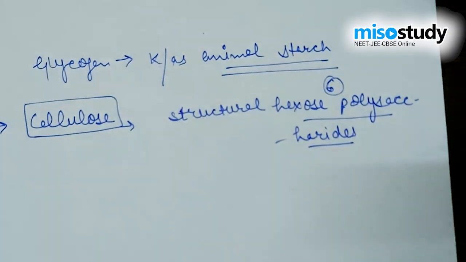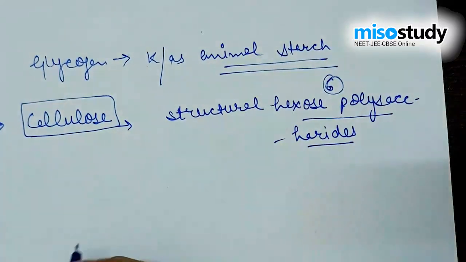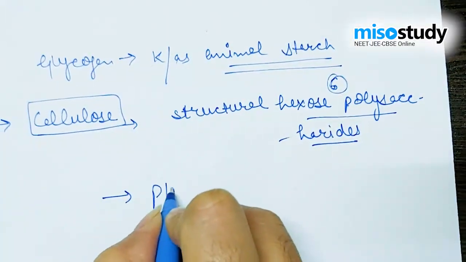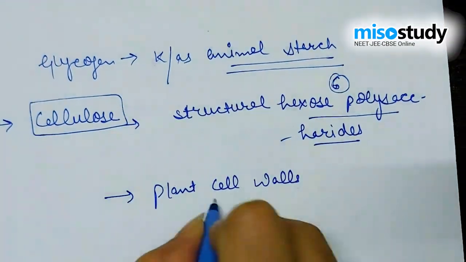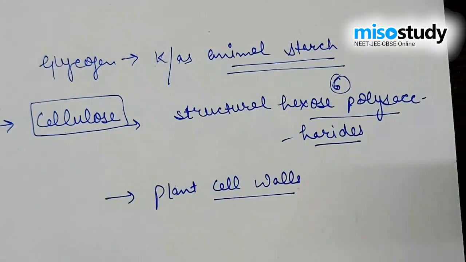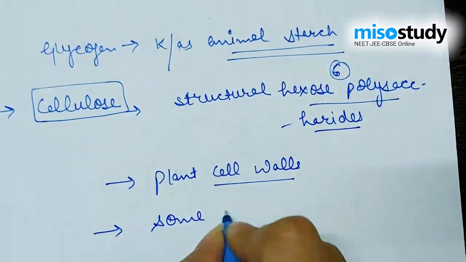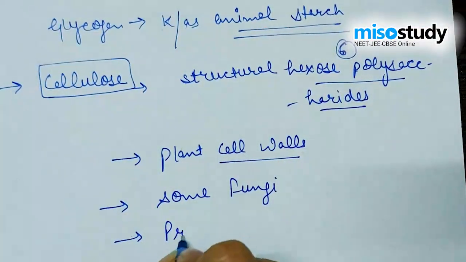Hexose polysaccharide is generally present in plant cell walls. Also present in some fungi along with some protists.